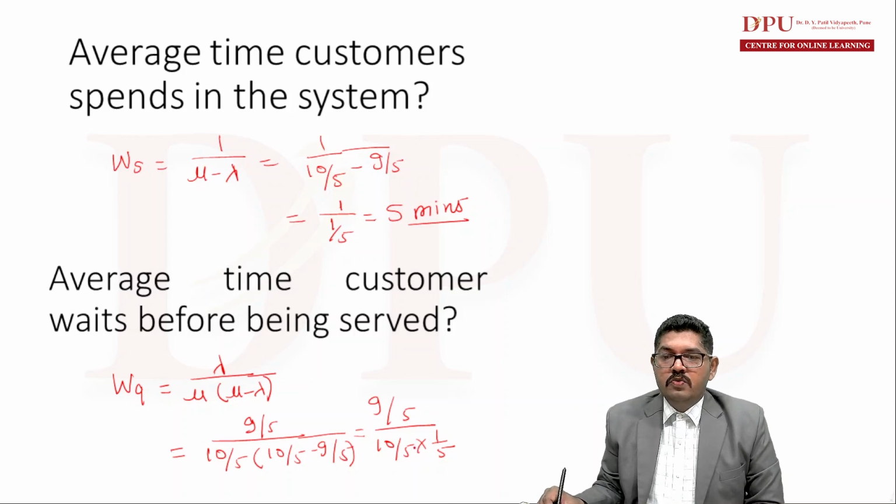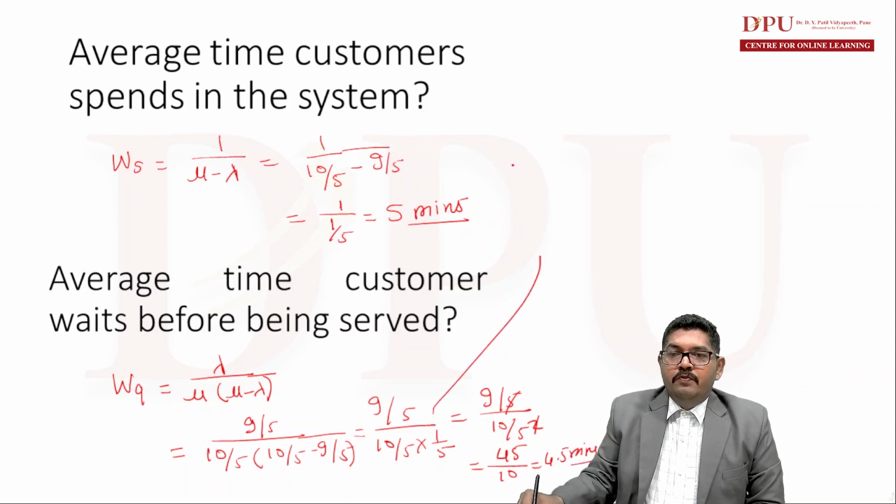So let's calculate 9 divided by 5, 10 divided by 5 square. One of the 5s will get cancelled, so I can remove it, and this will become 9 fives are 45 divided by 10. This is equal to 4.5 minutes.